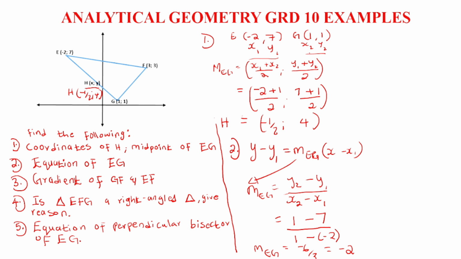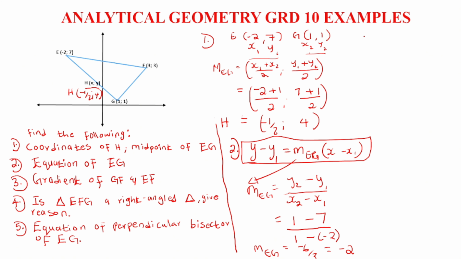Now we can come here. In terms of this equation of a straight line, we can use any coordinates, either the coordinates of E or the coordinates of G. But for the sake of this calculation, I'm just going to use the ones for E. We have the gradient.